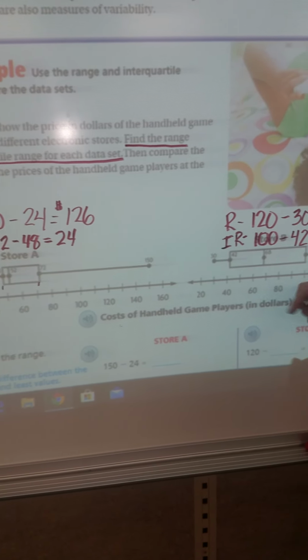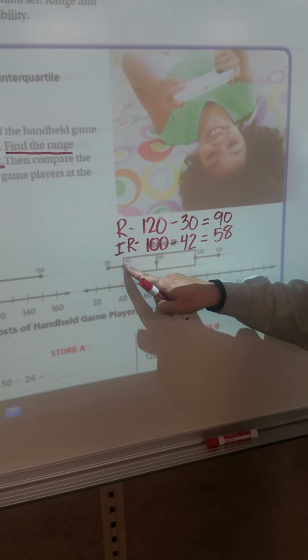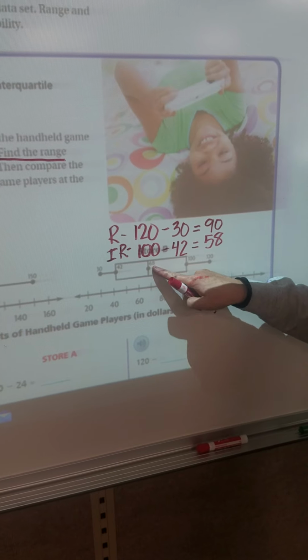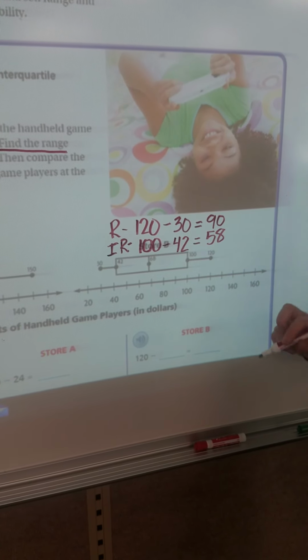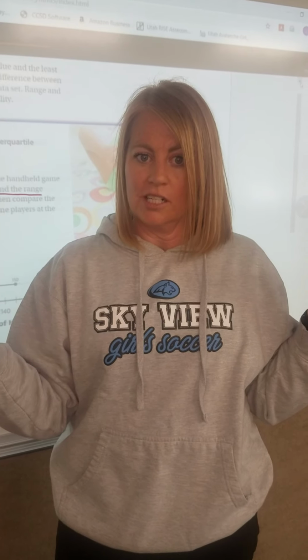And looking at that box plot, boys and girls, it's easy to see that that data is a lot more spread out. And more spread out, boys and girls, means a lot more variability.